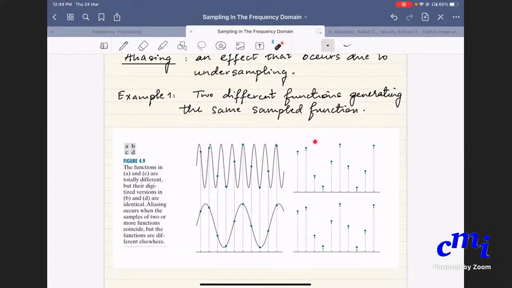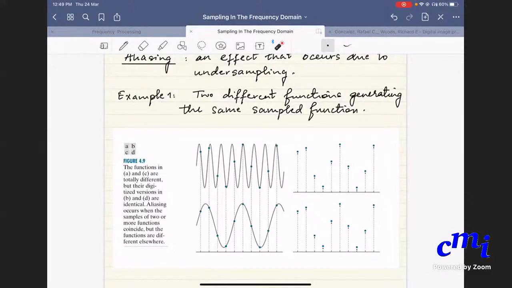Now the right hand side data looks the same for both signals. So there is no way of knowing from this right hand side data what the original signal was. Was it the signal on the top here or the signal here? You cannot tell. Again, this is a common sense thing, but it has very interesting effects.